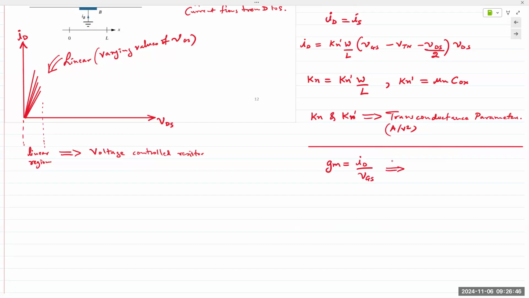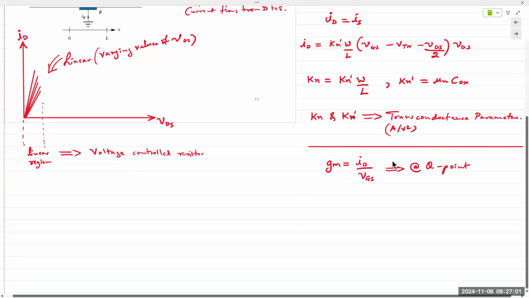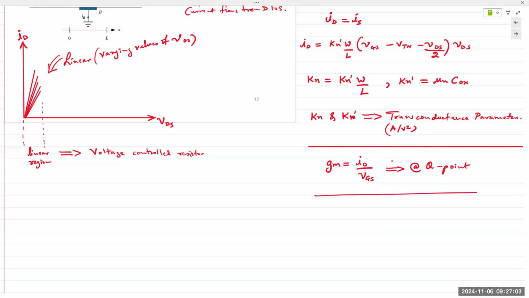And you can plot this at the Q point. There's one more quantity, and that is the on resistance, R on.